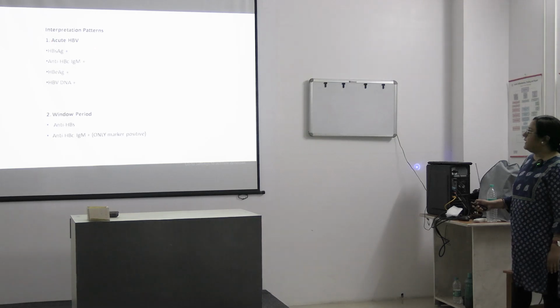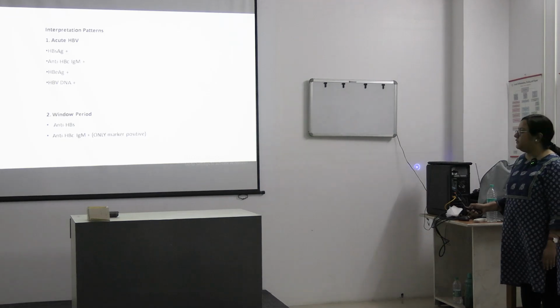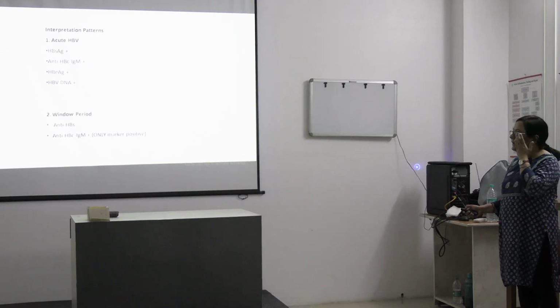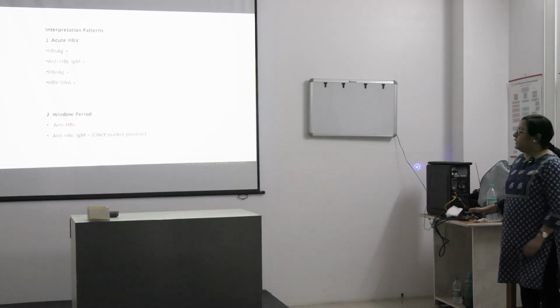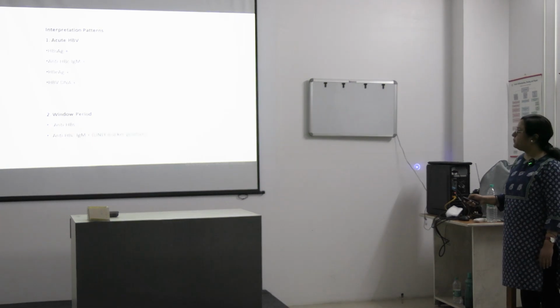See, for acute HBV, the surface antigen is positive, anti-HBc IgM is positive, HB envelope antigen is positive, HBV DNA is positive, that means all the levels are increased. Now the window period is detected by anti-HBc IgM, only this marker is positive.